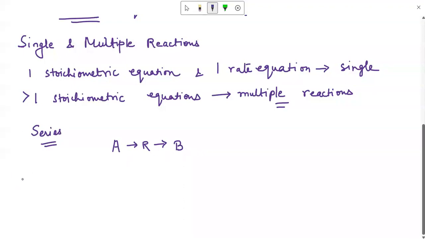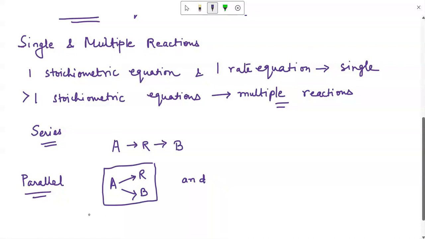There is another type called parallel, where A gives R and parallelly it also gives B. This can be written in two different manners. This kind of expression we would call competitive.